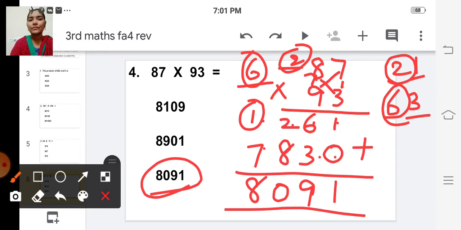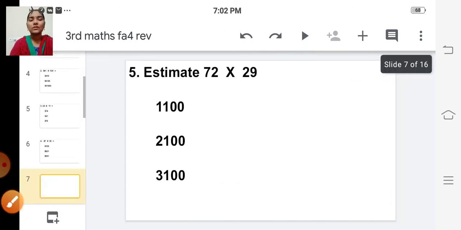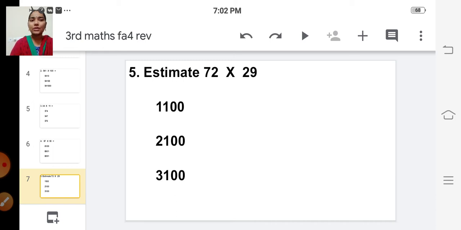Okay. Have you all understood? Yes. So fifth one. Estimate 72 into 29. So estimate means we have to round off the given number to the nearest 10, isn't it?